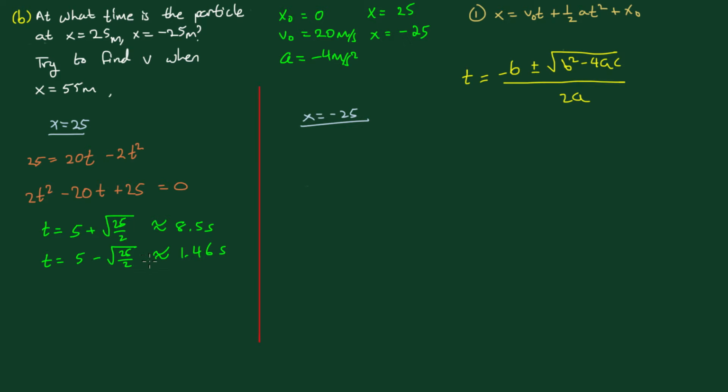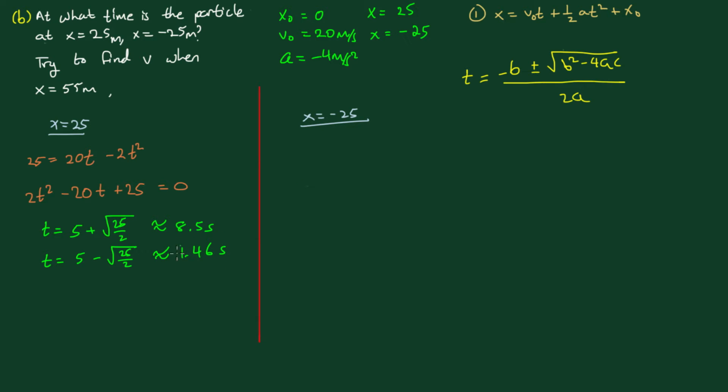So we have two solutions for this first part, right? And the reason you have two separate times is because the particle is going to pass that x equals 25 meter mark twice. It's the same scenario as if a car passes by your house one time, slows down, reverses, and then passes by your house a second time. That's all that's going on.